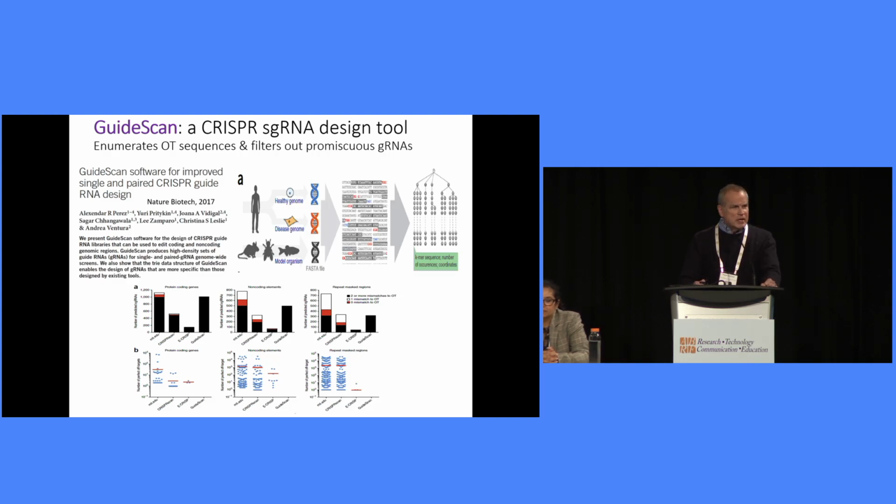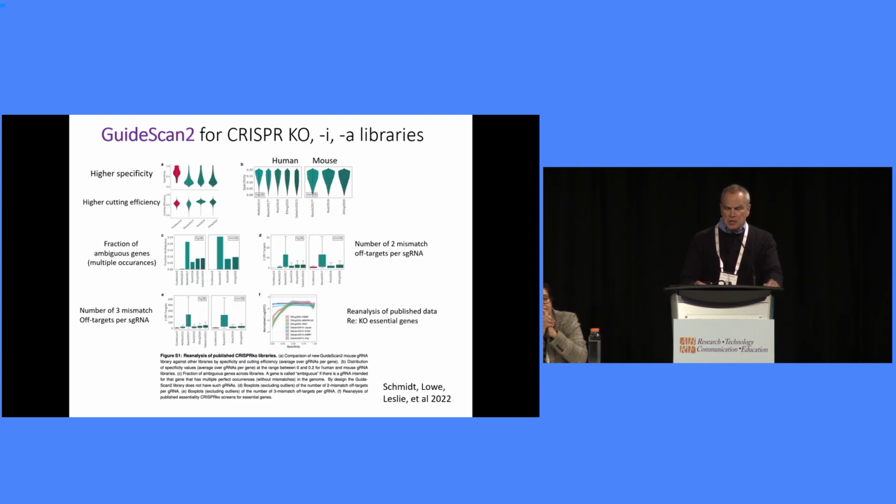And in fact, Sloan Kettering gets requests by private pharma to license this so they could do their own designs. So we came out a couple years later with GuideScan 2. This has higher specificity, it has higher cutting efficiency for both human and mouse, and importantly, you can apply it to CRISPRa and CRISPRi libraries.